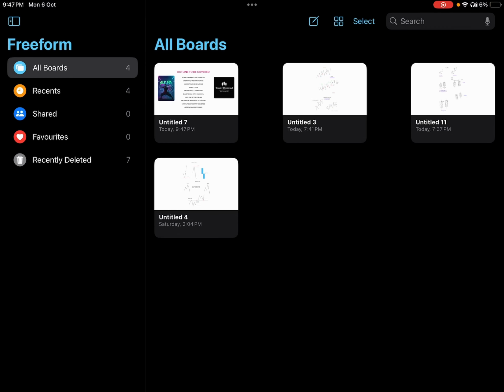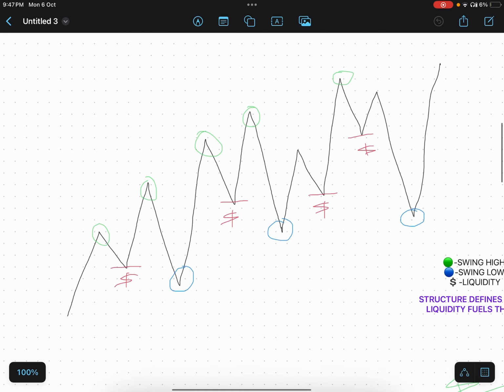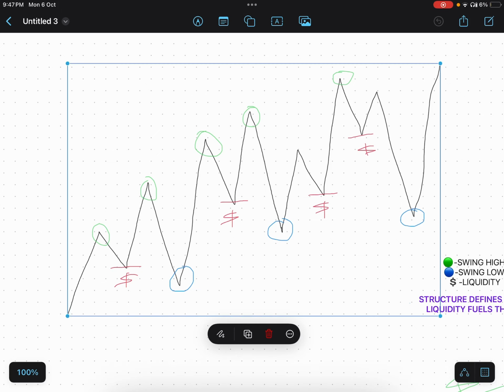So here you can see how the swing high was made. Here we have made the swing highs. Understand that the green color is a swing high, the blue color is a swing low, and the simple line is a liquidity. So when it made a new high and a low and it broke to a new high, it created liquidity.